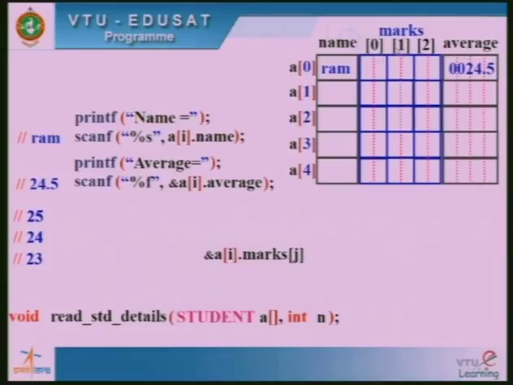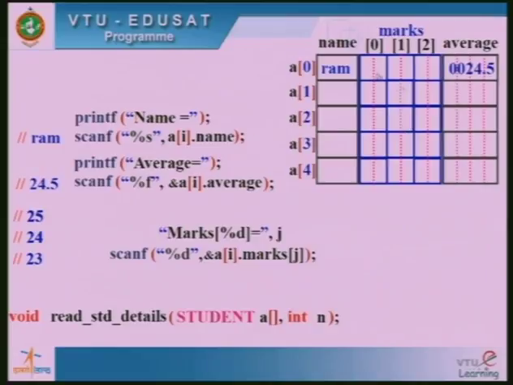Next j can be 1, j can be 2. I have to read integers into these 3 locations. So what is the format specifier? I should use %d. If I want to enter the data from the keyboard and copy it into this memory location, I should use which function? The scanf function. So here I write scanf. And before this, let me display the message.